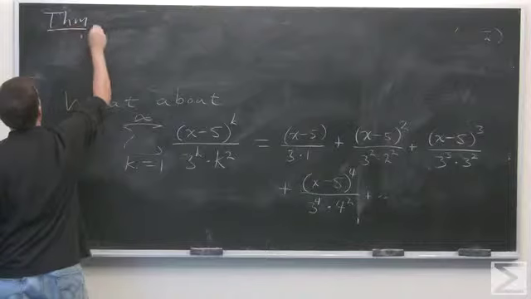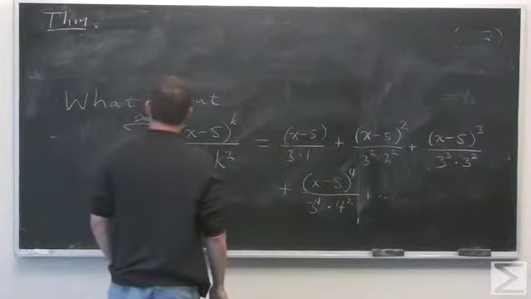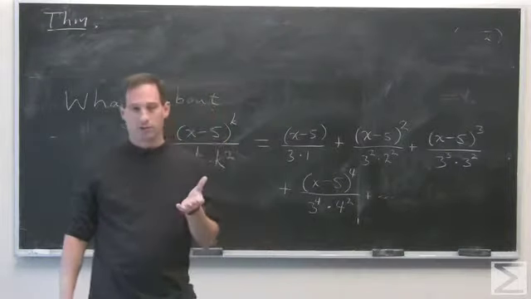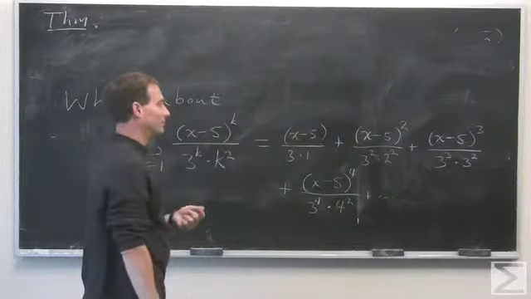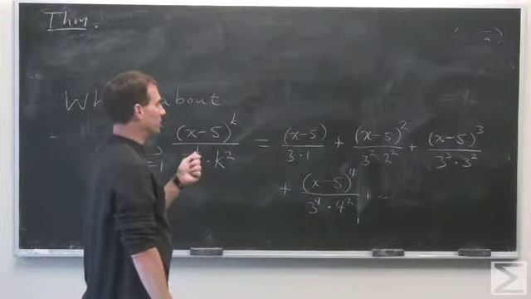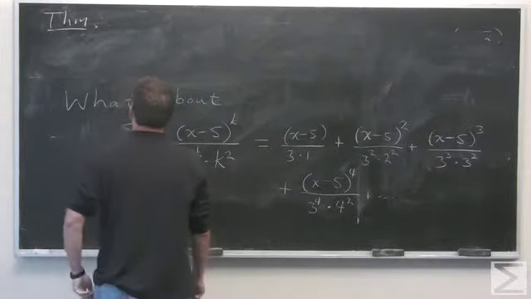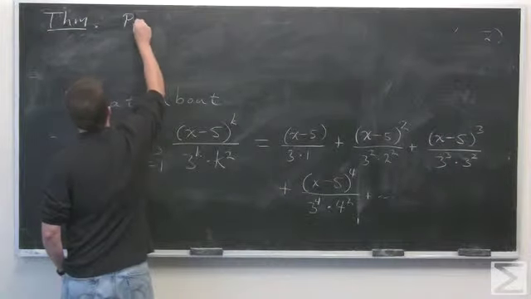It's too hard for me to even give an idea of the proof. I will give us the ratio test, which will help us find the radius of intervals. And that's a hint of how you prove what I'm about to state. But the theorem is power series centered at A.